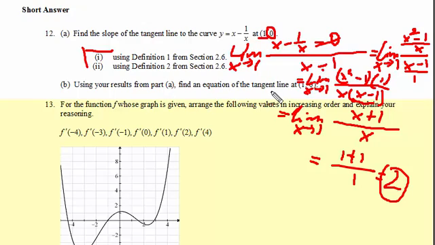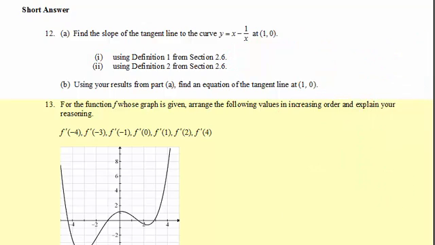Okay, and then using your results from part A, find an equation of the tangent line at 1, 0, right? So just remember the slope of 2 as we erase this whole thing.